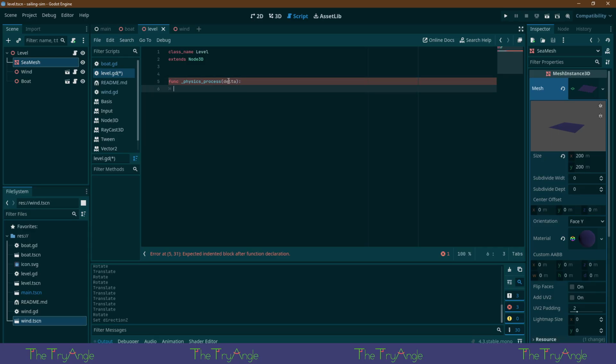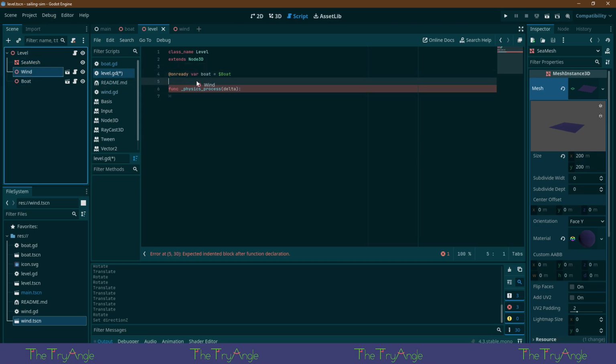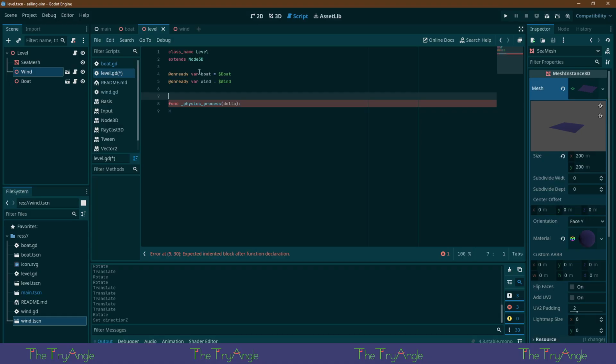We should probably pass the delta. Okay. Here we go. Wind. We've got boat. I like to tell it the custom class. That way we can actually see any kind of functions or properties in the editor. And then every update, we're going to get the wind and just pass it into the boat.